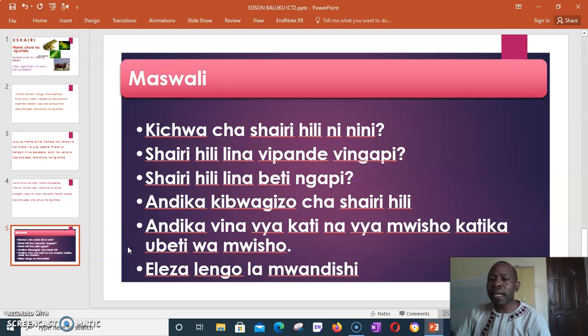That means beginning from all the stanzas, that line is always the same. The last line will always have the same words. Remember, there are some poems whereby the first stanza has a different ending, the second one a different ending, and we don't call that one kibwagizo.